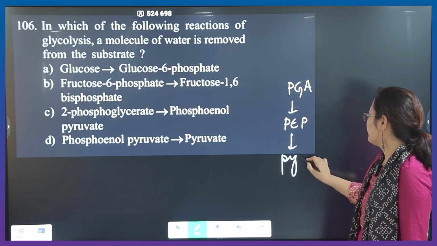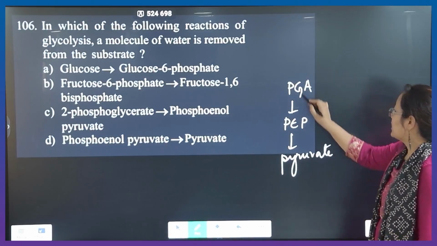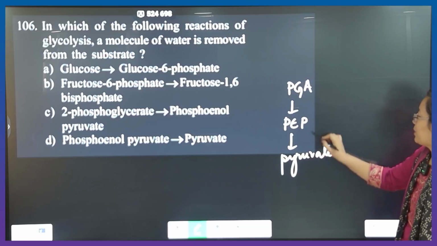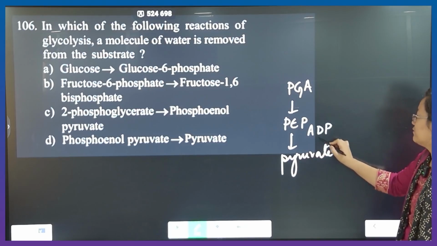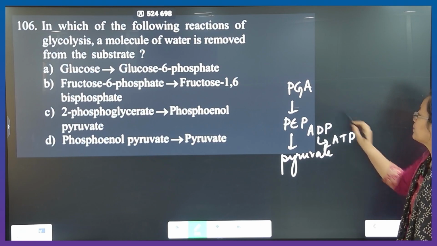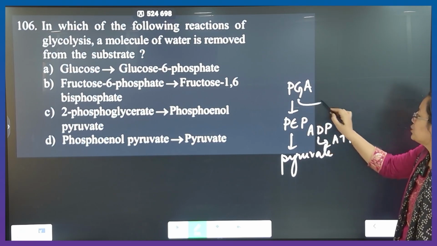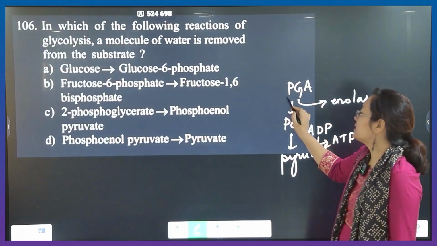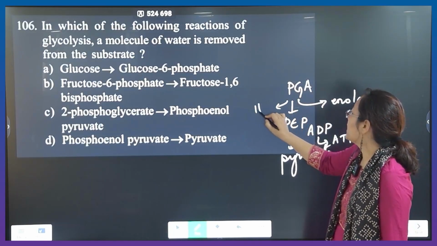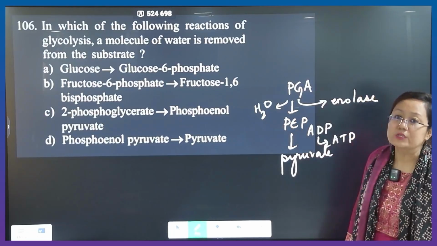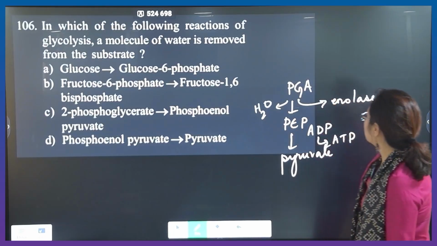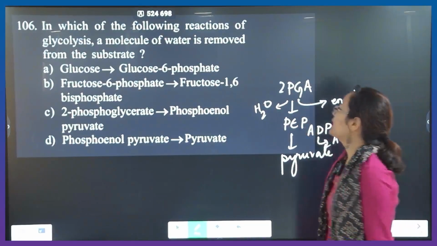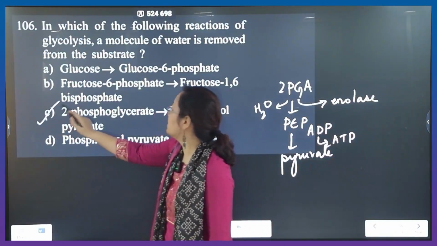PEP to pyruvate ये स्टेप होता है. ग्लाइकोलाइसिस का 1, 2, 3 लास्ट 3 सबस्ट्रेट को लिख रही हूँ मैं यहाँ पे. तो PEP टू पायरुवेट जो होता है वो तो सबस्ट्रेट लेवल फॉस्फोरिलेशन होगा, ADP to ATP, and PGA to PEP होता है जो होता है the enzyme is enolase and this is a dehydration step, और यहाँ पे वाटर मॉलिक्यूल एक रिलीज होगा. ठीक है, तो आंसर will be 2 PGA to 2 PEP. PGA to PEP.